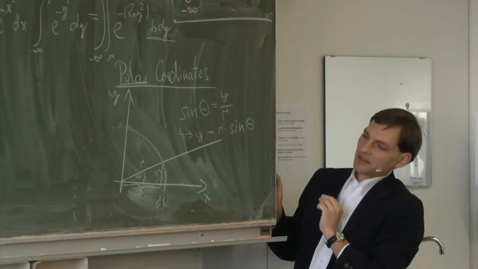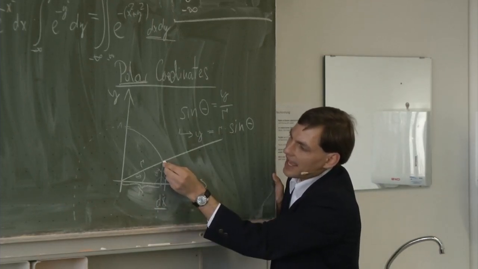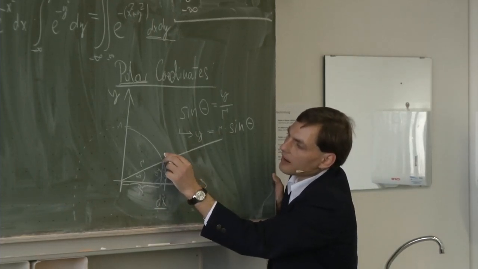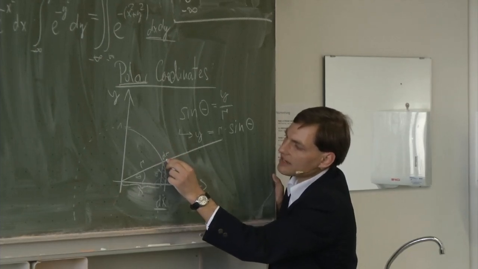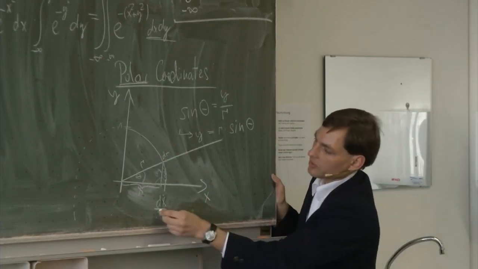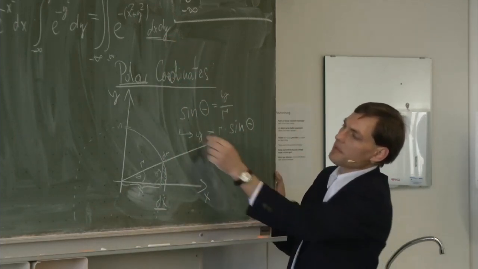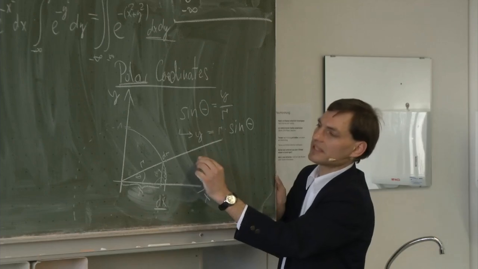And now the argument is the following. If I change x a little bit, this is the same as changing r a little bit, so changing dr a little bit. So in a sense, dr and dx are the same. And then we are interested in what happens with dy.